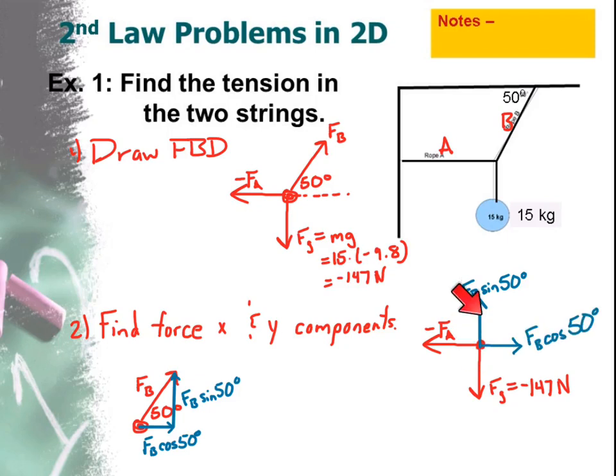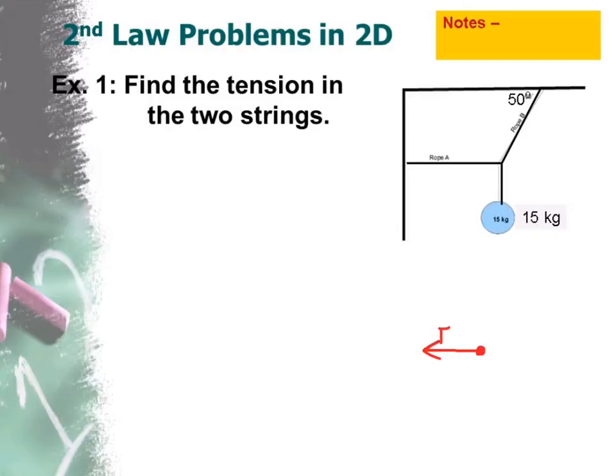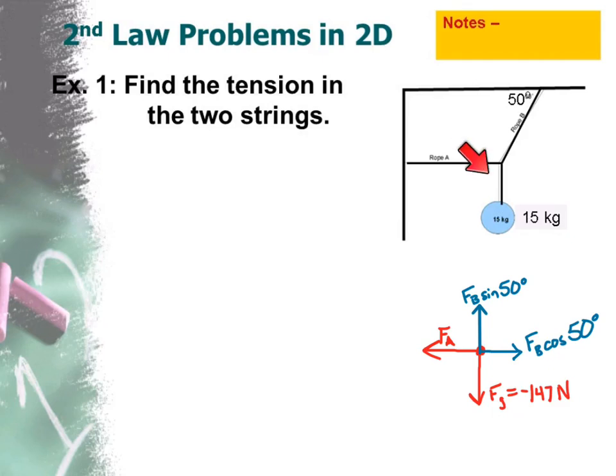Now I have all of my forces either up and down or left and right. So I'm just going to redraw that, so you don't have to redraw it, but I do because I'm on a new slide. But we're doing the same problem, so you don't have to redraw this.